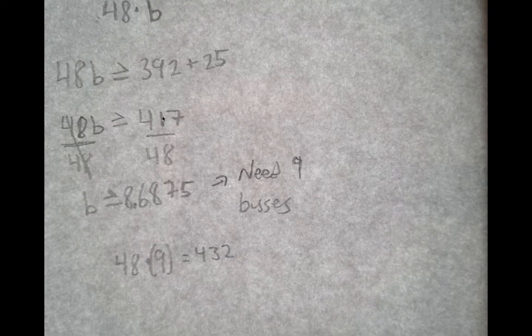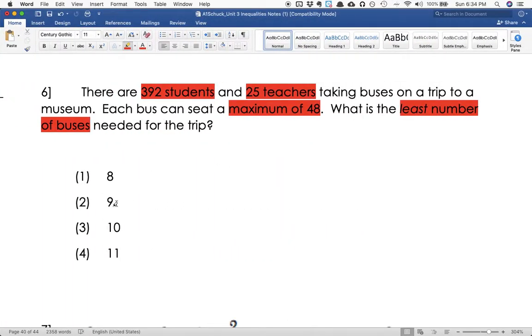And if I've got a total of 417 people, that's definitely going to be able to fit everyone. If I can fit 432 people all together, 417 people should fit comfortably. And so yes, definitely that's going to be our answer, answer choice 2.